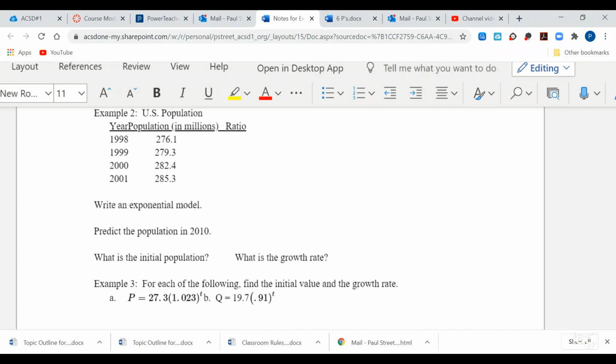For the ratio, you're going to take the later year divided by the earlier year. So the first ratio you're going to get is 279.3 divided by 276.1. Does that make sense? And let's go to 4 decimal places there. So 4 places past the decimal.